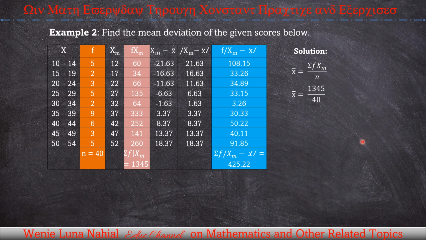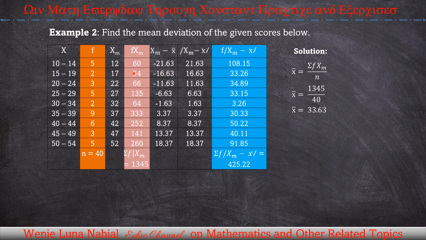Now, the summation is 1,345 divided by 40. So you get 33.63. Now, this mean will be used to subtract from each of the class marks. So we have this column. So we have 12 minus 33.63, that is negative 21.63.